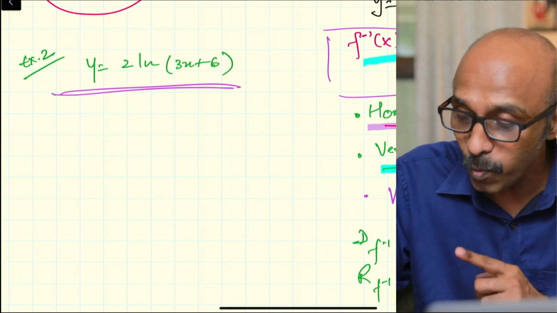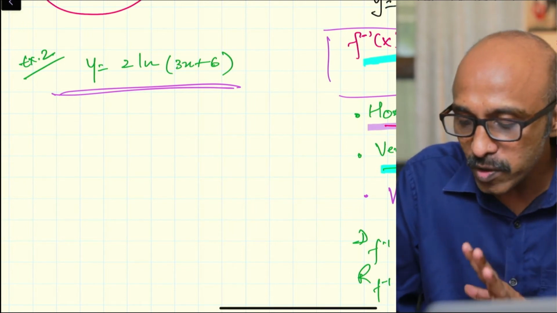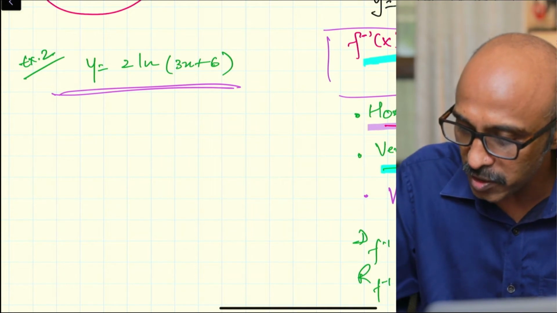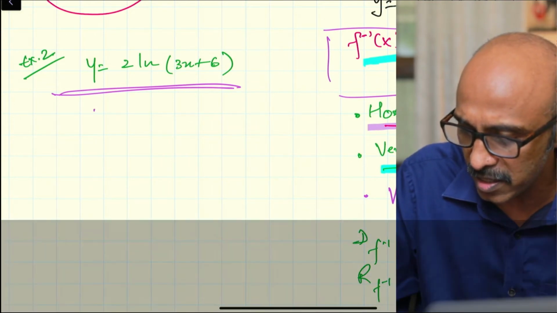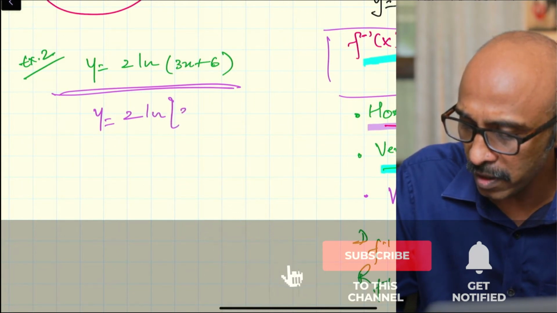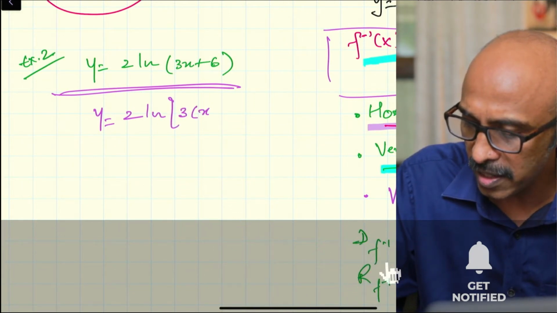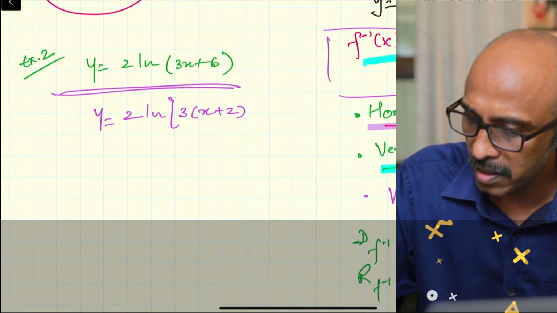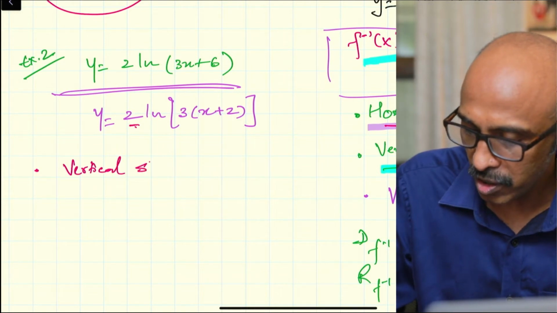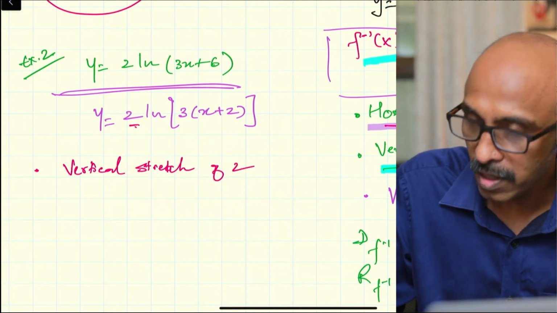Okay, so again, what I want to do right now is just write down the transformations of this function. To do that, first I need to factor out the term inside, and I can write the same y as 2 ln of, I factor out 3, x plus 2 in the inner parentheses. That 2 means that there's going to be a vertical stretch of 2.